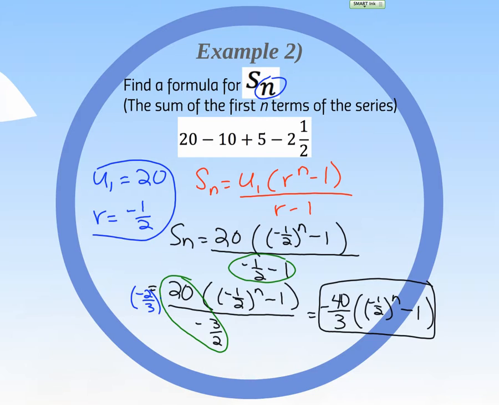If you have the other formula and you have it turned around, that would be fine too. You could get a slightly different answer if you use the other formula. So don't panic about it. It's going to be fine either way. We're going to hit the stop box and then start talking about infinite geometric series.